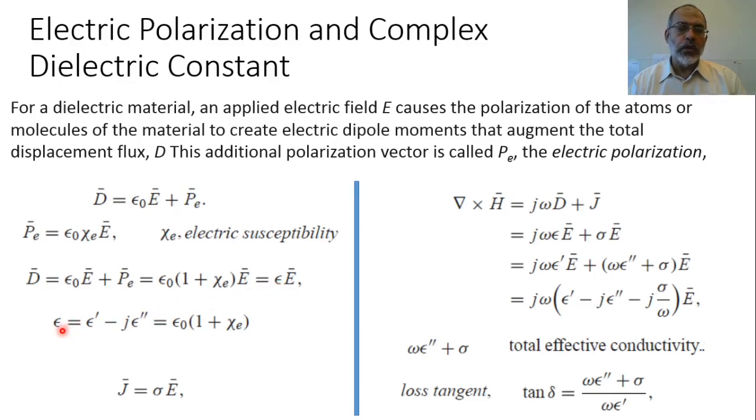So epsilon is epsilon dash minus j epsilon double dash, where epsilon dash is the real part of the permittivity and epsilon double dash is the imaginary part of the permittivity. And it should be noted that the imaginary part of the permittivity must be negative, assuming that the time harmonic field is e to the power j omega t. Okay?